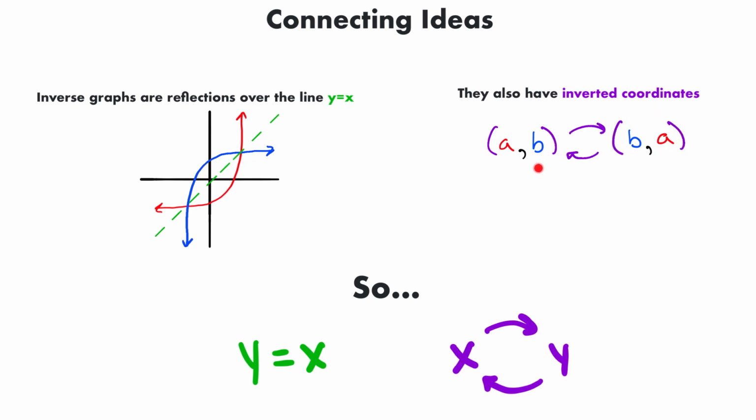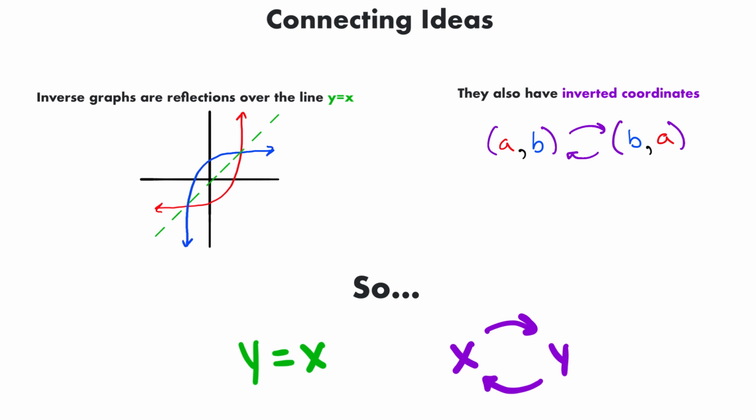So the x and y values swapped. And I kind of came up with these symbols, that x is equal to y and y is equal to x, and the x and y swap. I didn't pick those little symbols nonchalantly. This is the algebraic approach. If you want to find the inverse function graphically, you take the x and y and swap them.